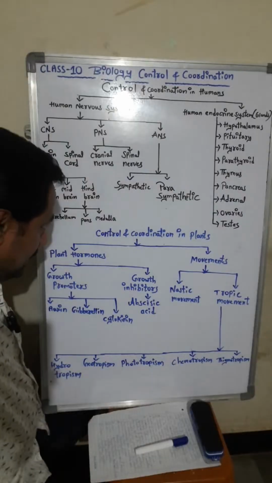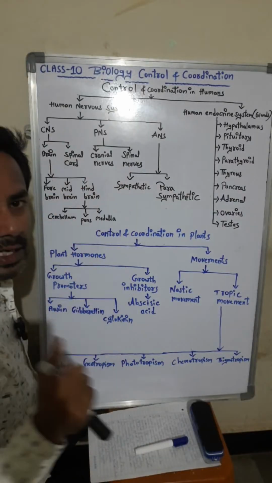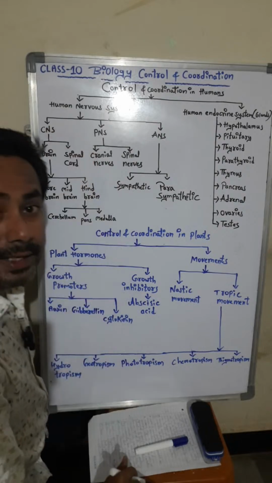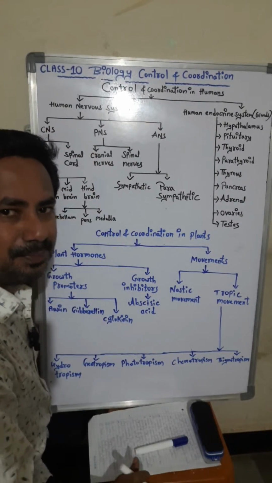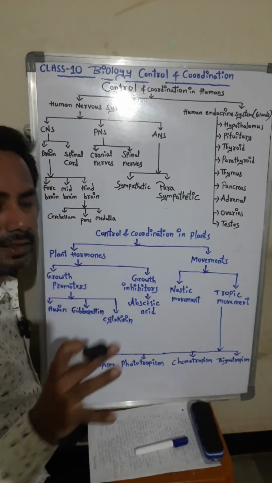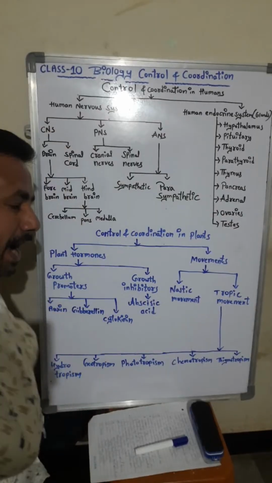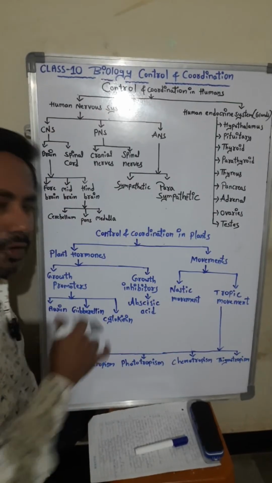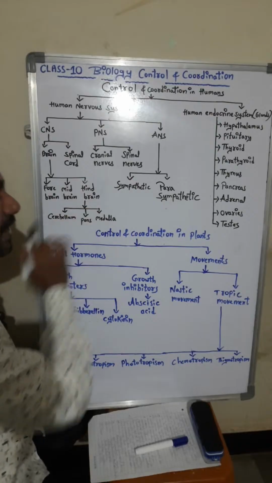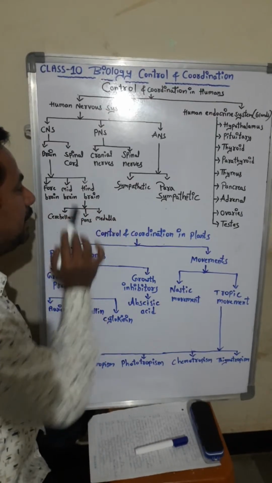The brain and this spinal cord, both together come under the central nervous system. Clear? And the brain again has some parts: forebrain, midbrain, and hindbrain. We will see in detail. So the brain is divided into three parts: forebrain, midbrain, hindbrain.